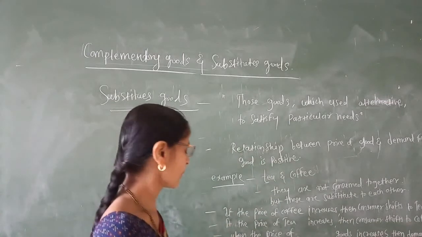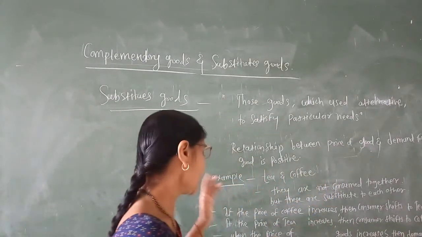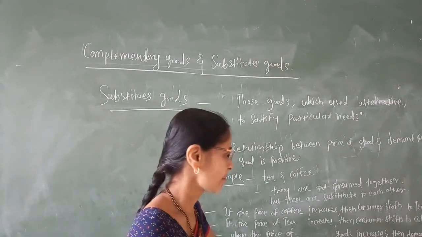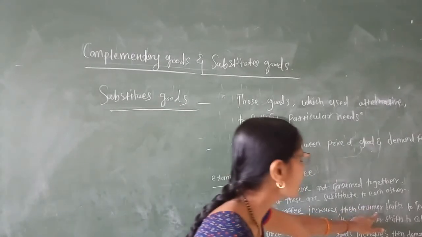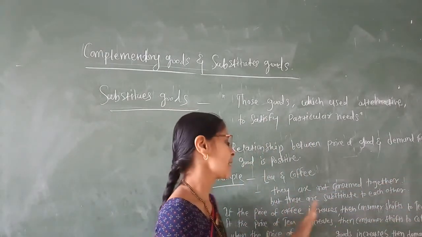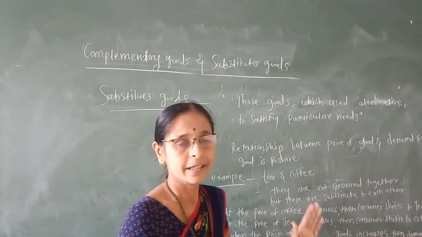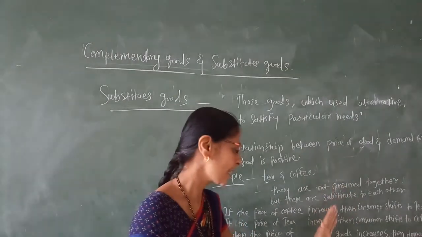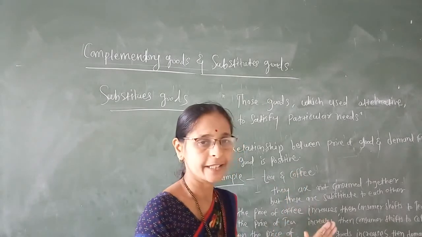Students, when the price of a good increases, then demand for the substitute good increases. Means suppose if the price of coffee increases, then the consumer shifts to the tea. Means the consumer demands the tea, so the demand for the tea increases.